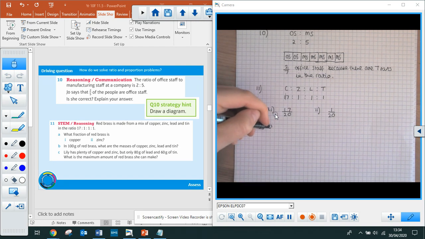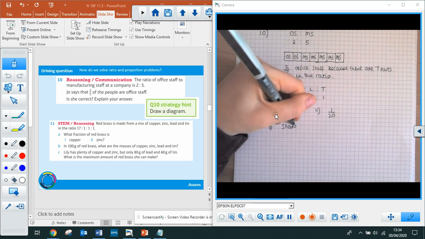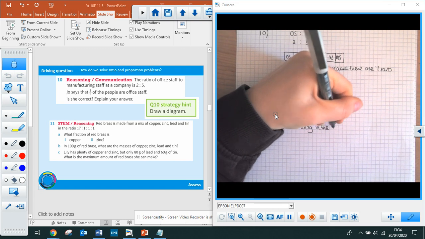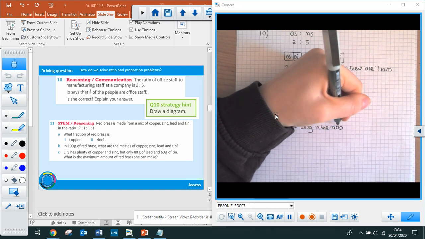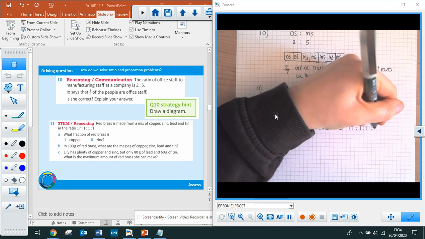Part B. In 100 grams of red brass, what are the masses of copper, zinc, lead and tin? So essentially what that is asking you to do is share 100 grams in the ratio 17:1:1:1.